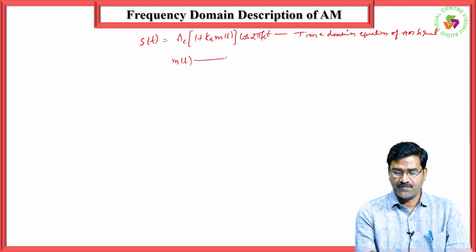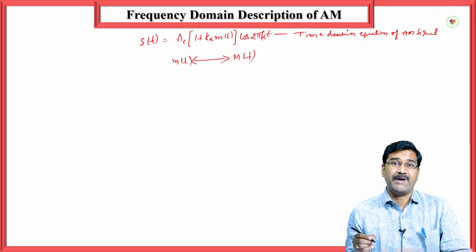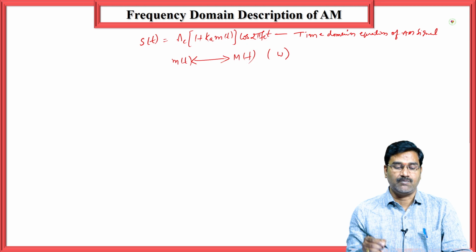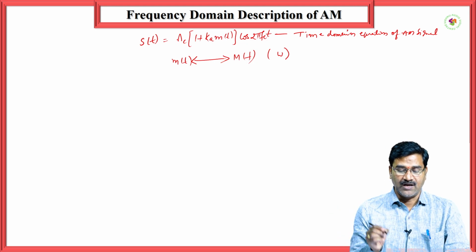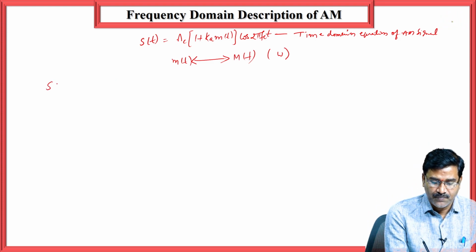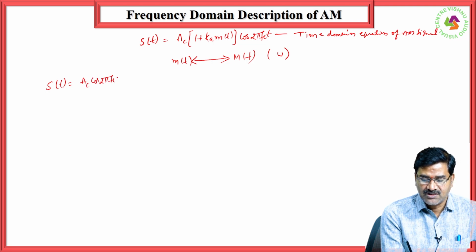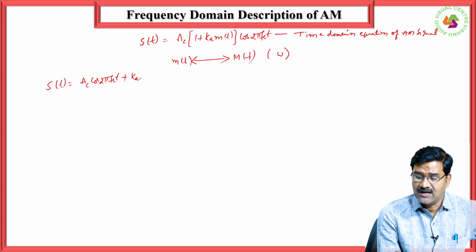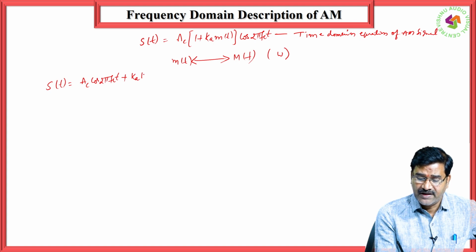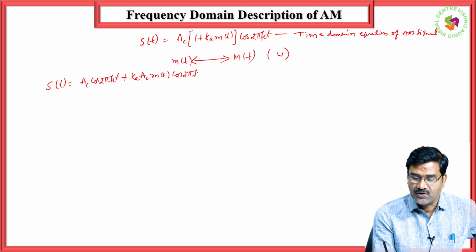Let us assume that m(t) constitutes a Fourier transform pair with M(f). M(f) is the spectrum of m(t), where the bandwidth of the signal is W, that is, the highest frequency component of the signal is W. So if that is the case, now if you consider the signal s(t) is equal to, let us say, Ac cos 2 pi fc t, just I am expanding it, plus Ka into Ac m(t) into cos 2 pi fc t.